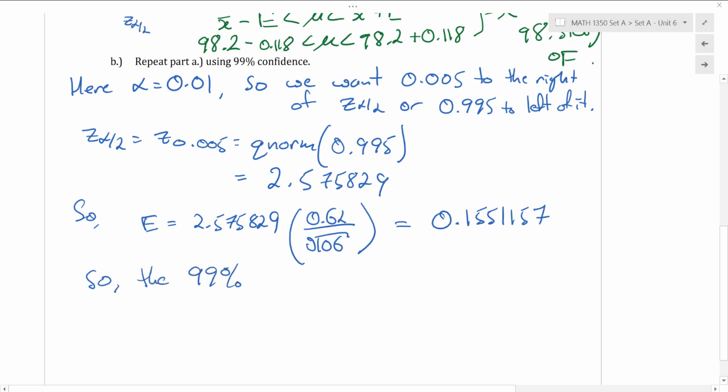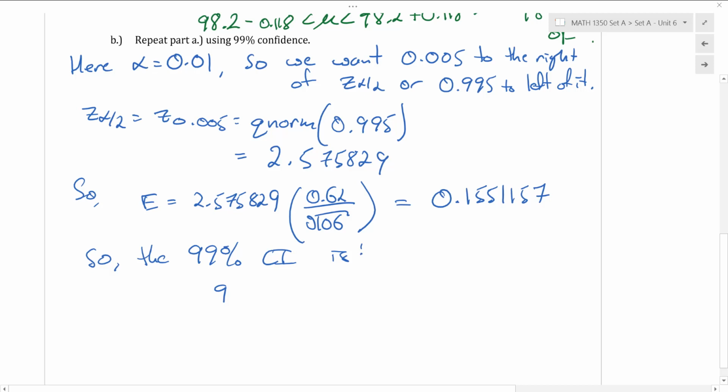So we have now the 99% confidence interval. We can compute by taking our sample mean x bar, and adding and subtracting this. Let's subtract 0.1551 and let's add 0.1551. Let's put that together in an interval.